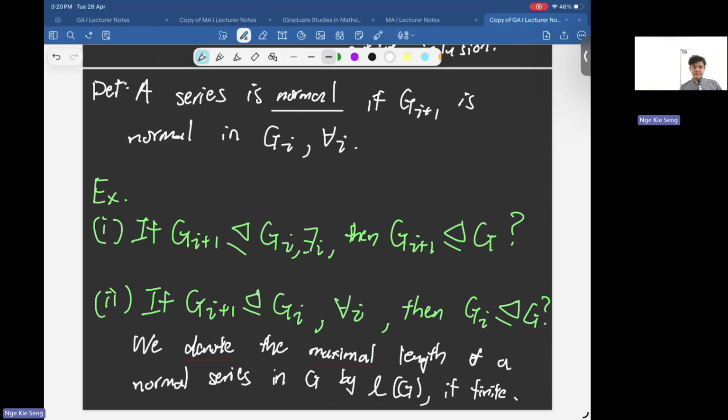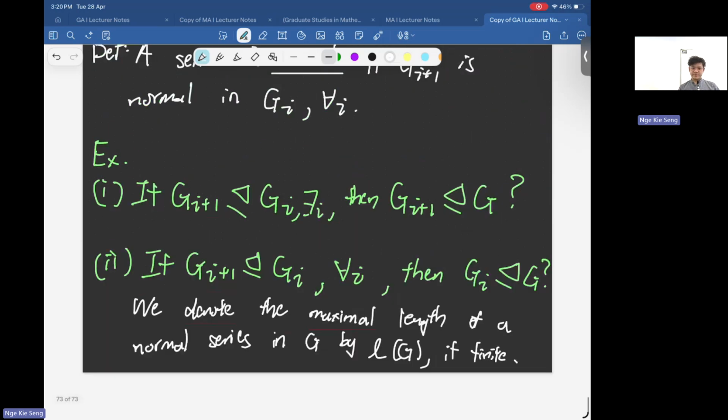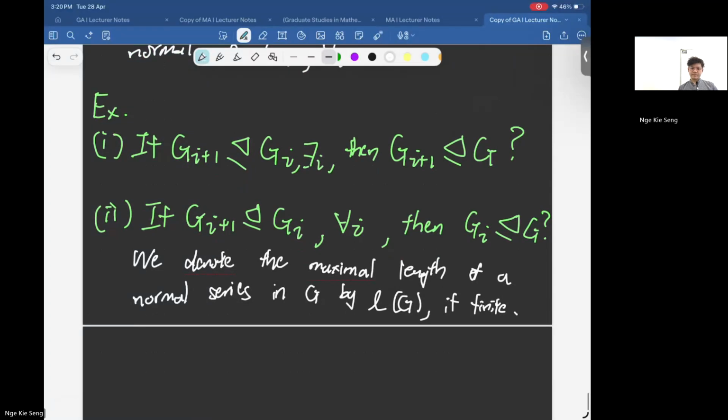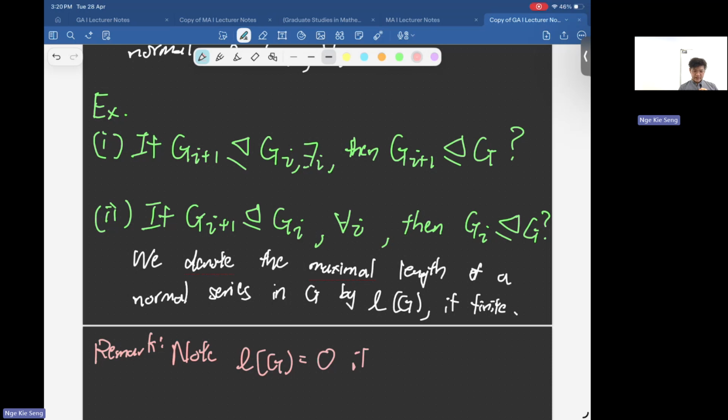We just care about the series of normals. There's a reason to do that. Okay, so let's comment a bit on this L(G) here. Note that L(G) is 0 if and only if G is trivial.